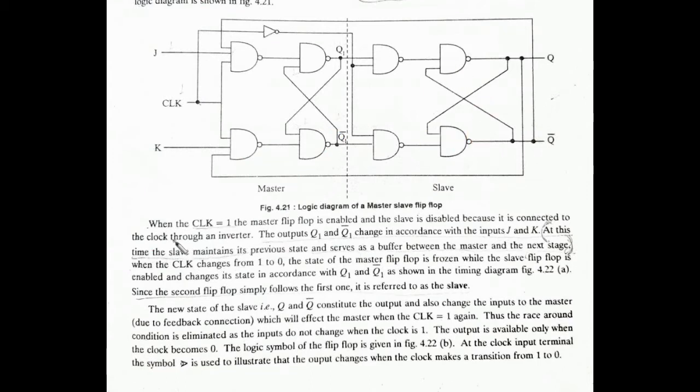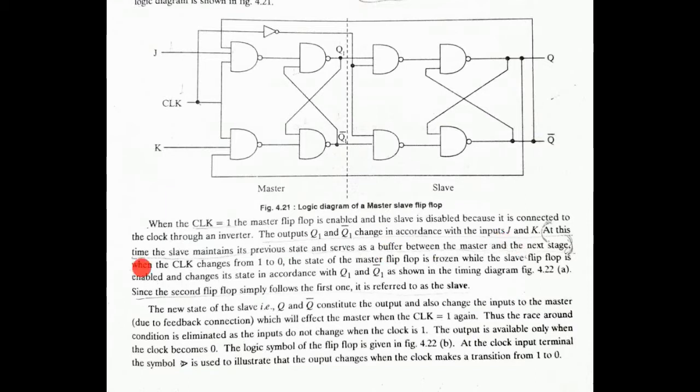The outputs Q1 and Q1 bar change in accordance with the inputs J and K. At this time the slave maintains its previous state and serves as a buffer between the master and the next stage.